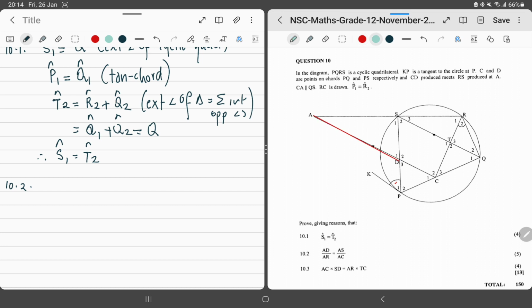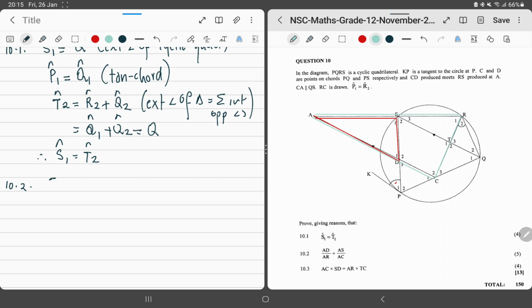AR, I'm just going to use a different color for AR. AS, I'm going to go back to the red. So that's AS, and then AC. So that's AC. Well, we can clearly see that we should connect those, and then we should connect that as well.